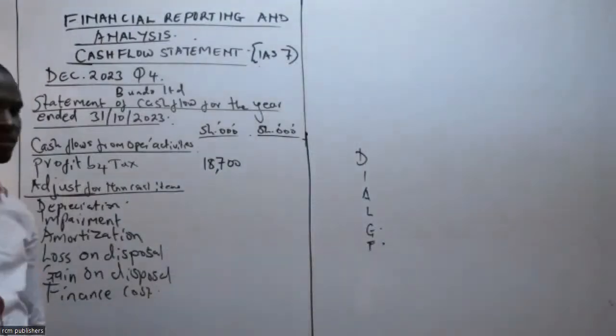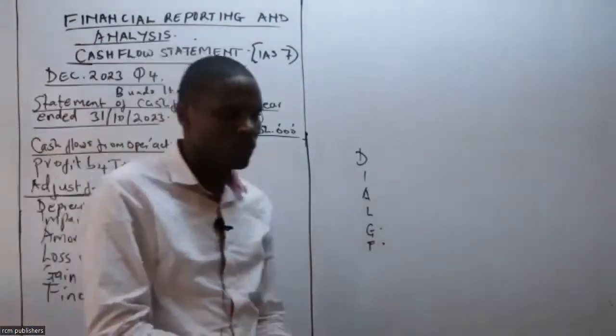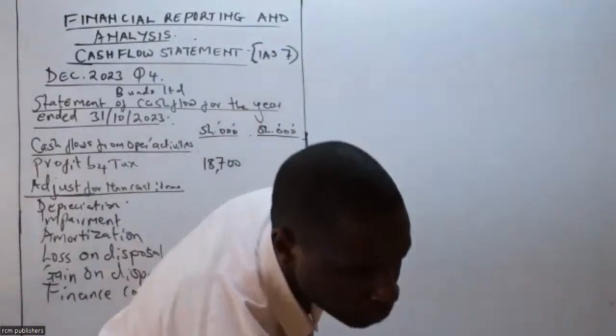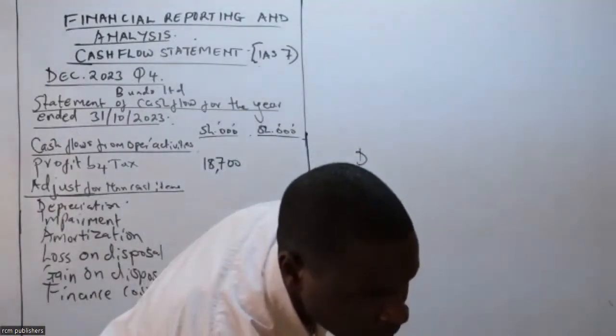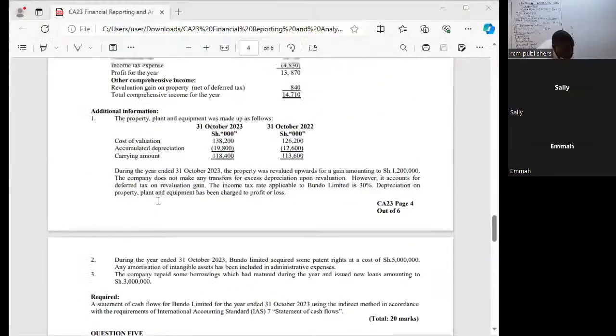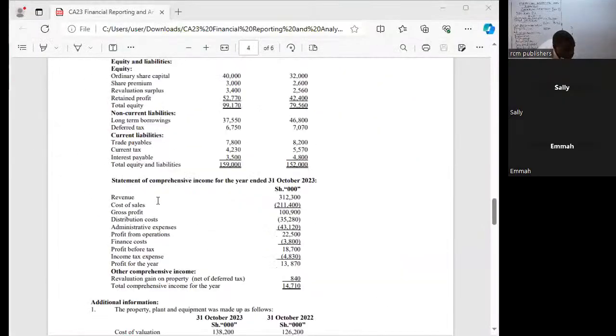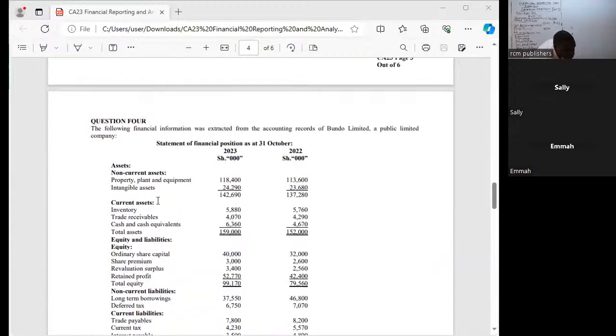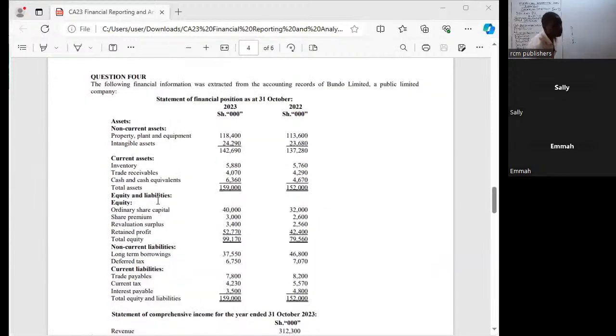Kindly, very fast. For the sake of those people who have joined, allow me to share this question, and you take the picture very fast. I just want us to finish this question because I know the importance of this question. So for those people who have just joined, can you take a picture of that question? Very fast.